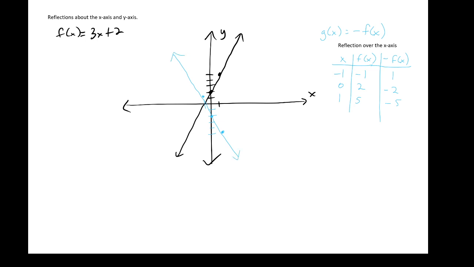And that is the g of x. Again, the black is the f of x. So what did we notice? We made our y-intercept negative, and we also effectively just utilized a negative slope.